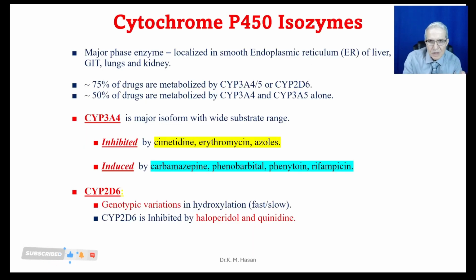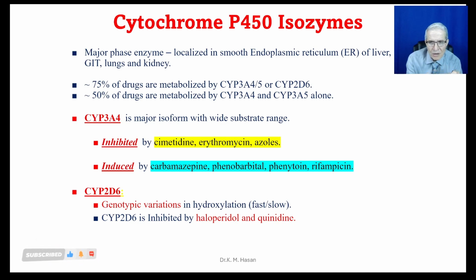Okay, let us speak about phase 1 metabolism, especially about cytochrome P450. As you can see here, this is the major phase 1 enzyme, and cytochrome P450 is localized in the smooth endoplasmic reticulum (ER), in the liver, in the GI system, and sometimes in the lungs and kidneys. An important issue to remember: around 75% of drugs are metabolized by cytochrome 3A4, 3A5 or 2D6.